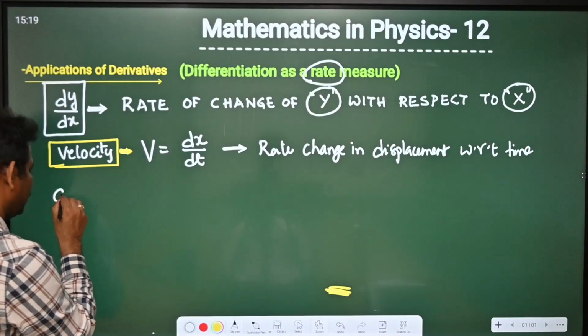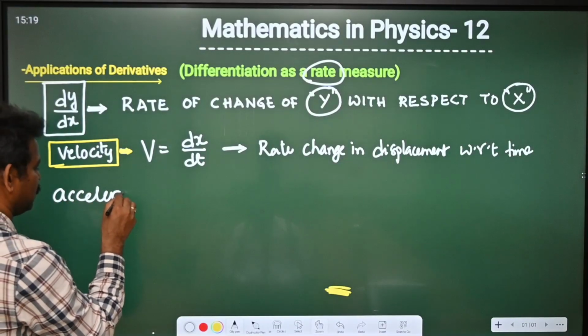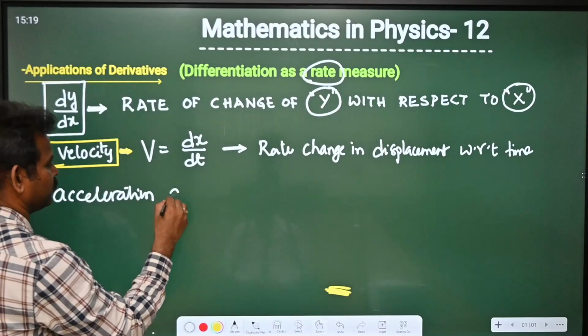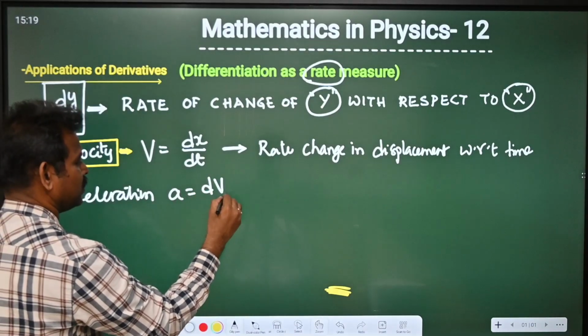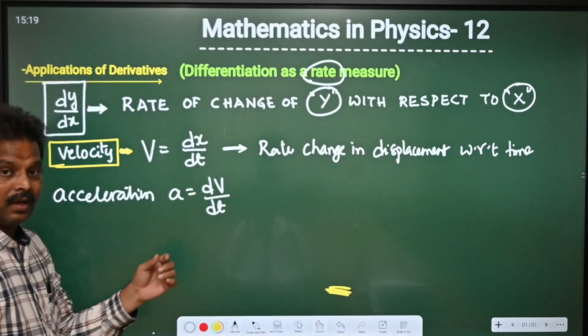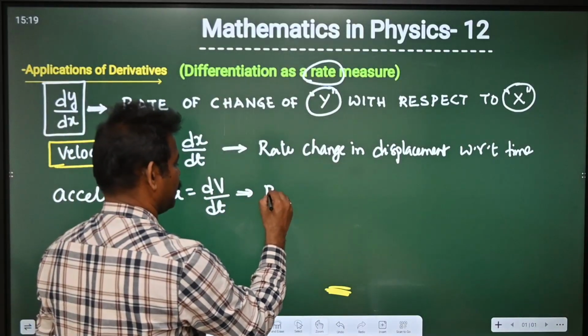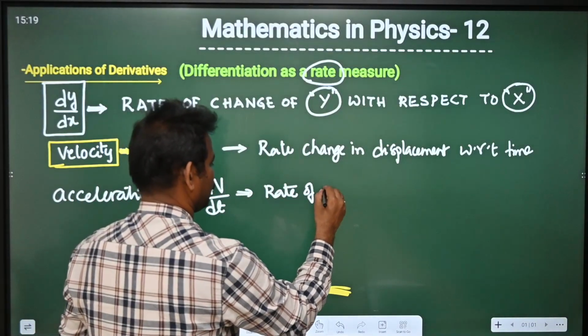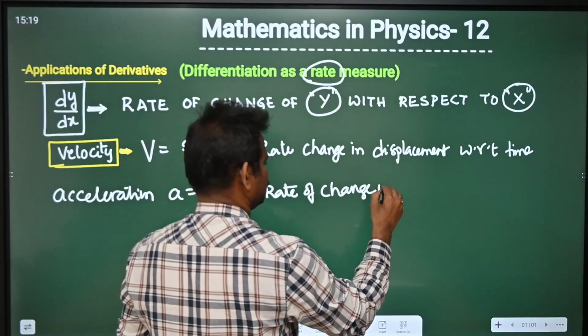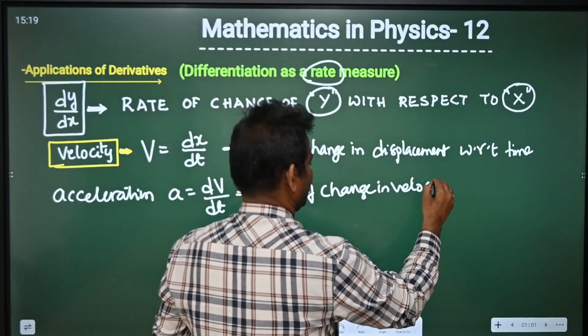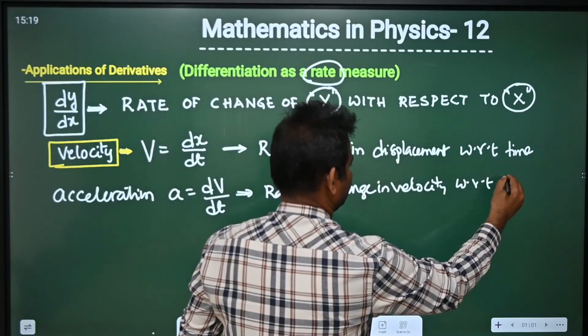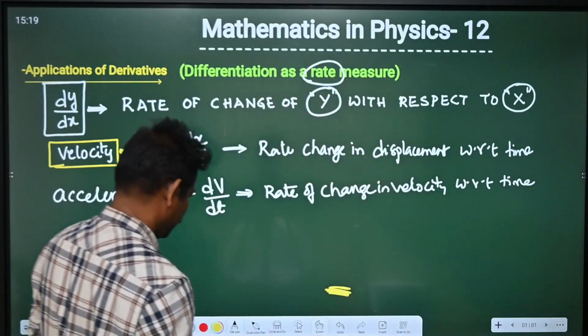Similarly, if you take the acceleration, a is given by change in velocity by time, or the derivative of velocity with respect to time, or the rate of change in velocity with respect to time.